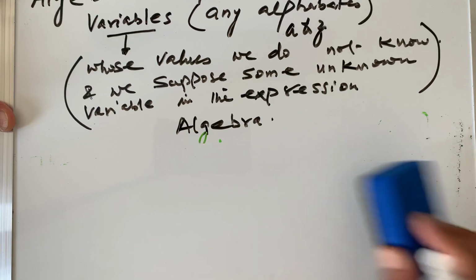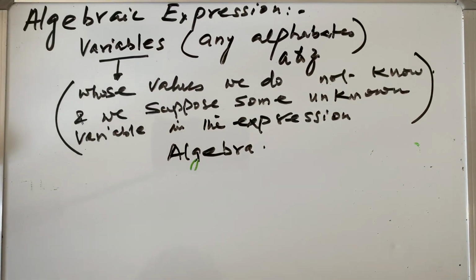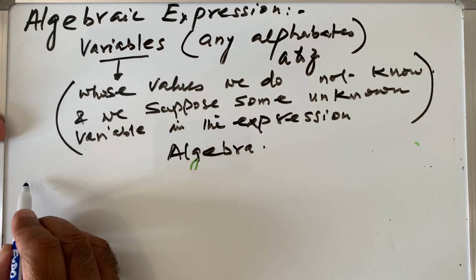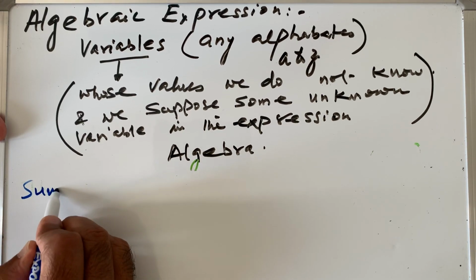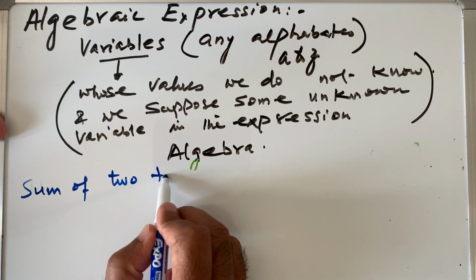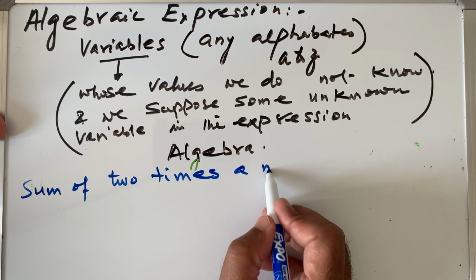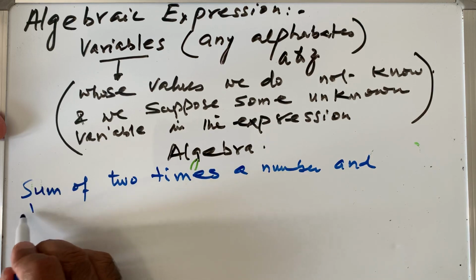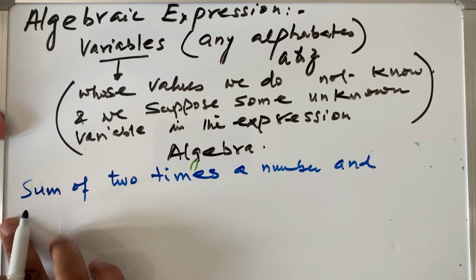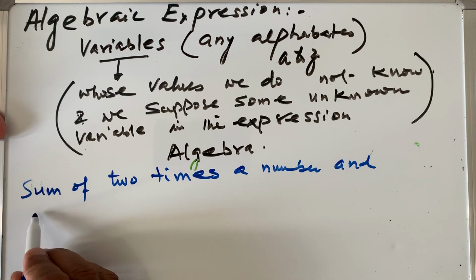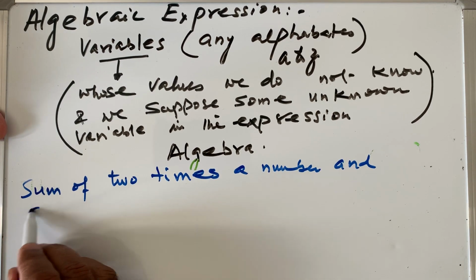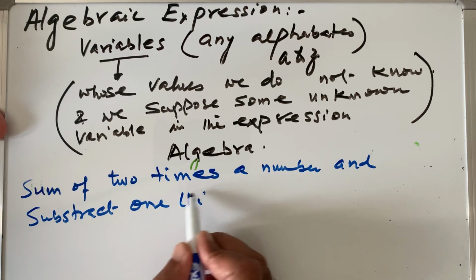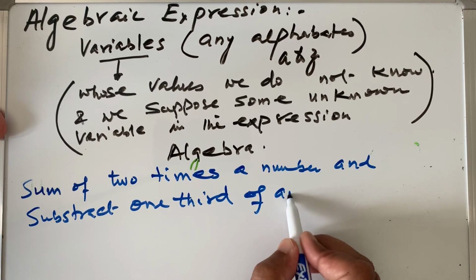Now I will put one more example for you and you will find the algebraic expression for that. So now I am writing: the sum of 2 times a number and 1/3 of another number, and subtract 1/3 of another number.